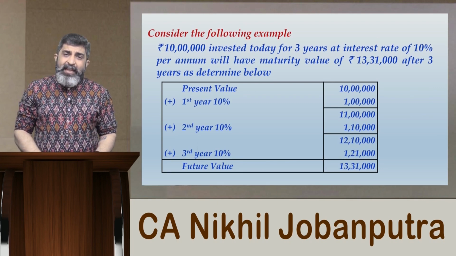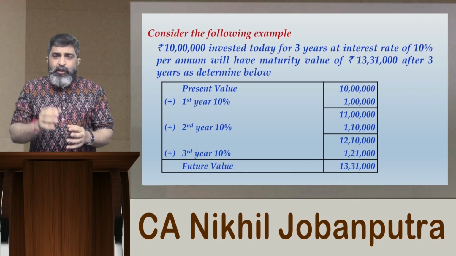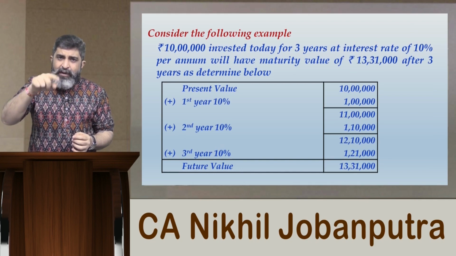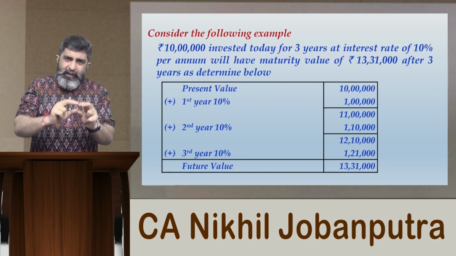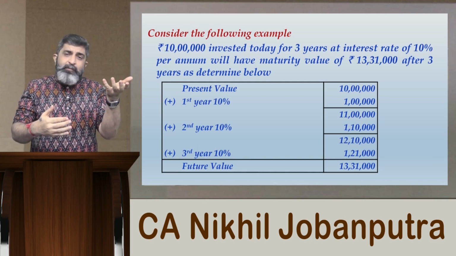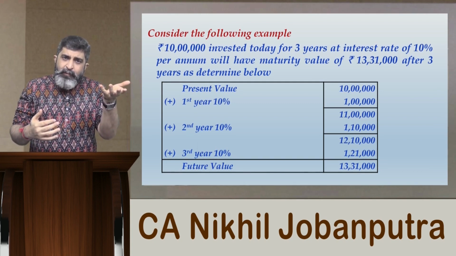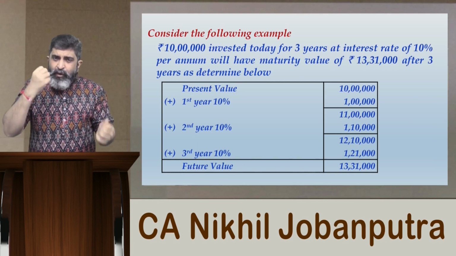So if I am multiplying this to 10 lakhs, it is giving me 13 lakh 31,000. So what you get as 1.1 raised to 3 you multiply that to the principal amount, what you have invested today, and you get the cumulative amount of maturity.